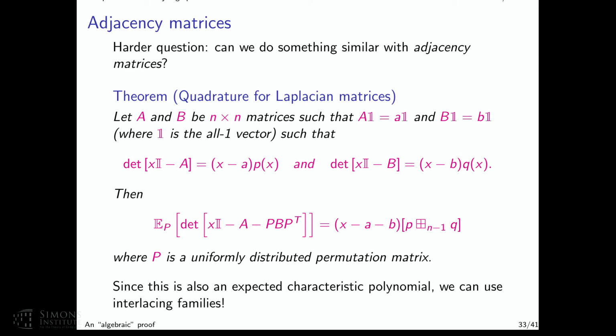And now, since this is an expected characteristic polynomial, we can say something using this corollary of interlacing families: one of these matrices has to do better than what the average does.